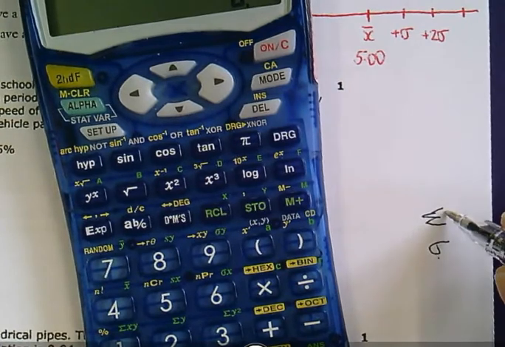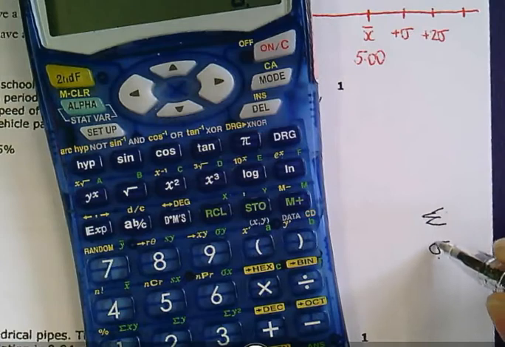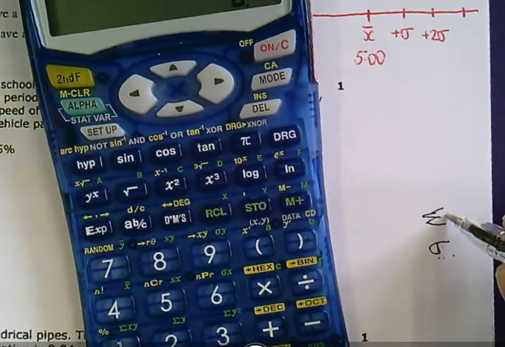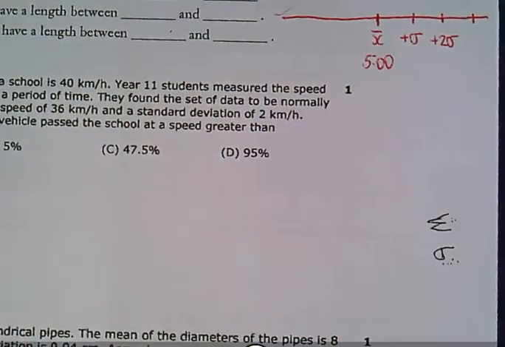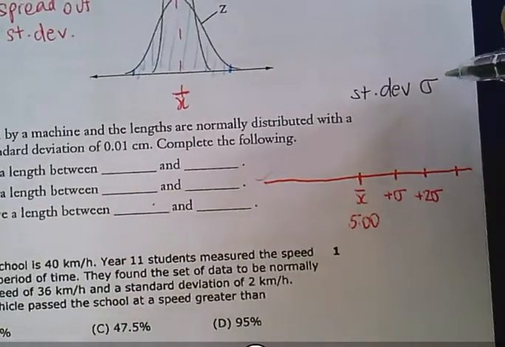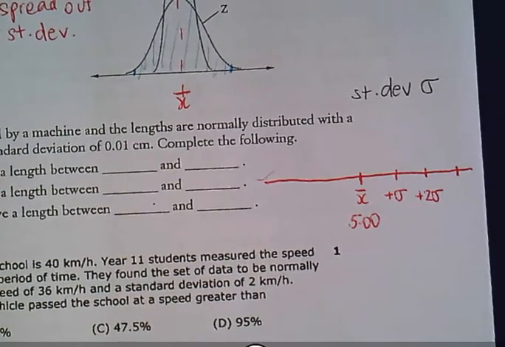They're both sigma in Greek. But this is standard deviation. This is sum of. Remember how you've seen that sigma when you're doing mean, sigma fx over sigma f? That means sum. But this means standard deviation. So, the symbol for standard deviation is this sigma. However, on your formula sheet, it's S for standard deviation.